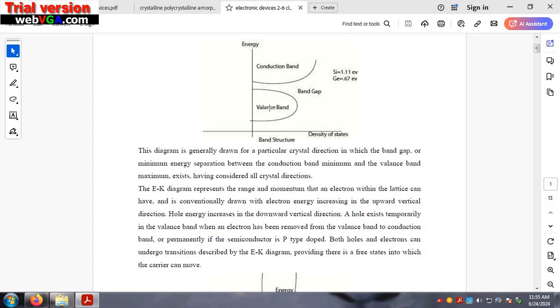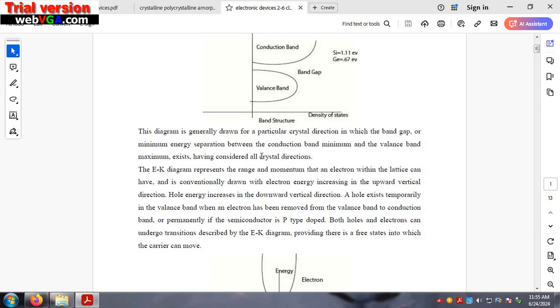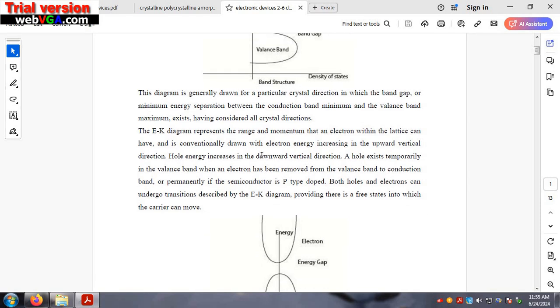If the electrons are removed from the valence band, then the vacancy is nothing but the hole. So if we consider the p-type material, then in the valence band you find the permanent existence of holes. These holes and electrons can undergo transitions described by the E-k diagram.